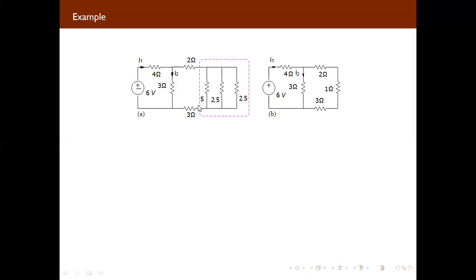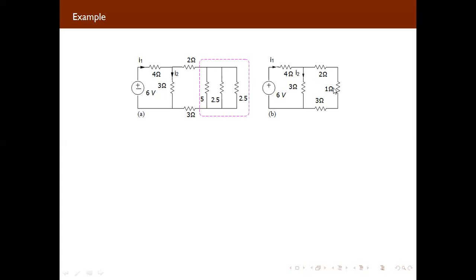And if these are in parallel, you can calculate 1 upon 2.5 plus 1 upon 2.5 plus 1 upon 5, that will be equal to 1 upon R equivalent. So you will get R equivalent equal to 2.5 into 2.5 into 5 upon 2.5 plus 2.5 plus 5. That will be equal to 1 ohm. So you can write here equivalent resistor for these three resistors, that will be 1 ohm.